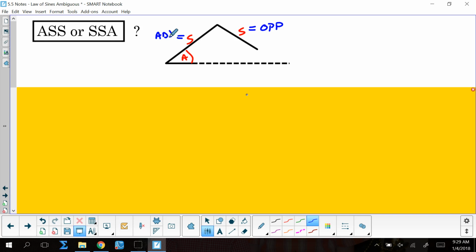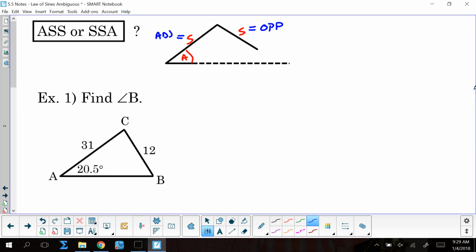We're going to steal right triangle trig terminology just to make it easier for us. So if that's the case, can I use the law of sines? Yeah, because I have that one complete fraction with the angle and its opposite side. And so I can do that. So what I would like you to do now is find me just angle B in this angle side side triangle.